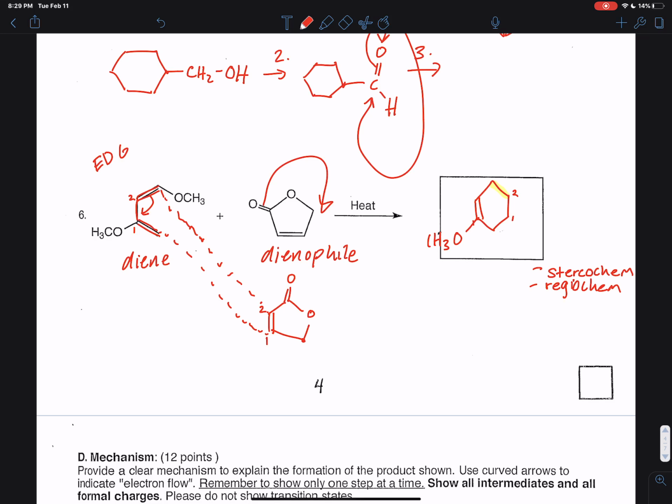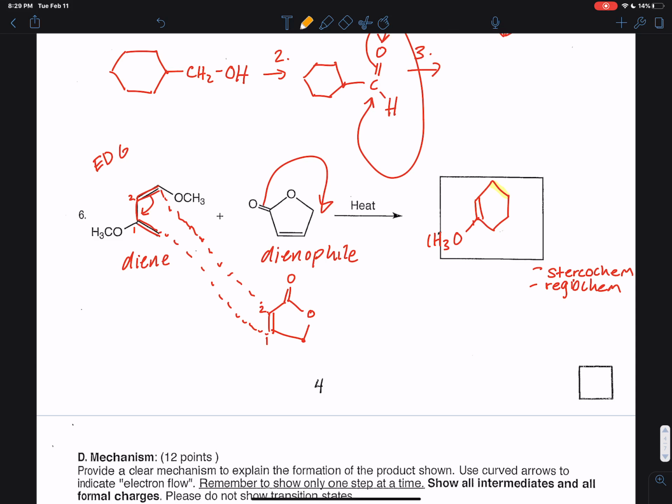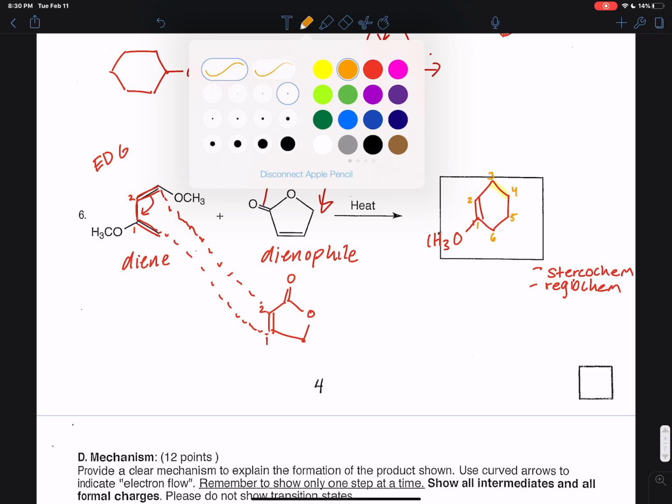So you look at this, let's say, I'm going to get rid of these numbers so we don't get confused. We got 1, 2, 3, 4, right? We're counting all the way around the ring, right? So at our number 4, we want it to be 1, 4 or 1, 2. And when I say it, I mean the electron withdrawing group.